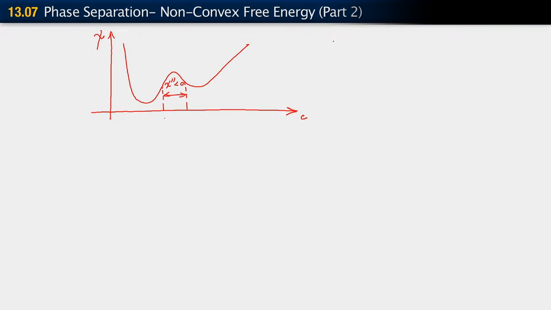First of all, let me state that the region of the curve where the second derivative is negative is sometimes called the chemical spinodal.